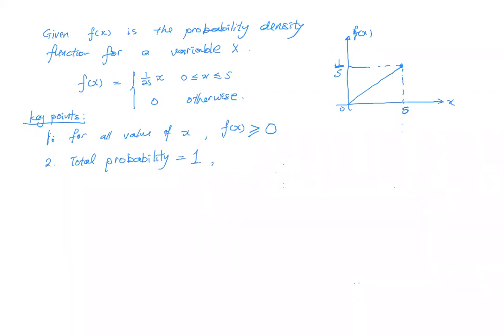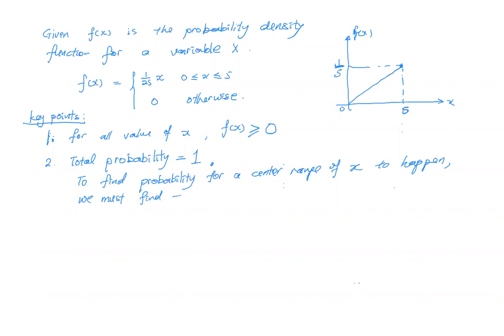So for this continuous variable, if you want to find the probability for a certain range of x to happen, we must find the area bounded by the curve.